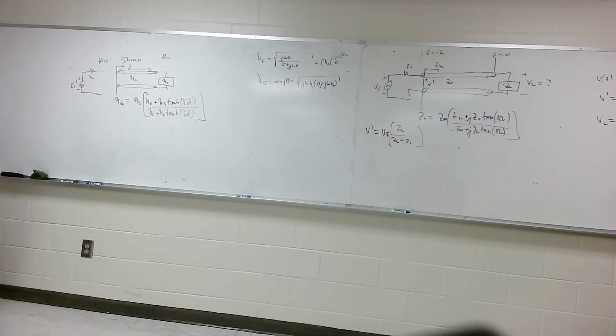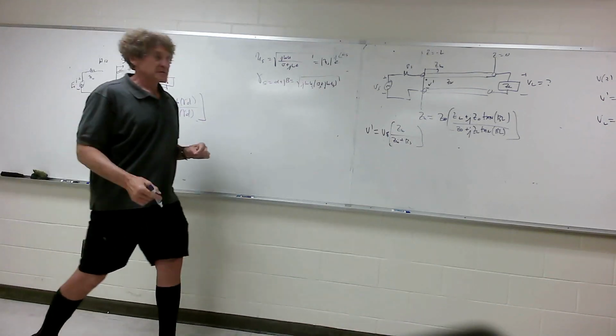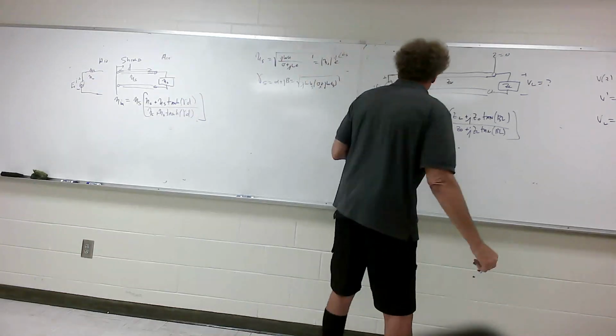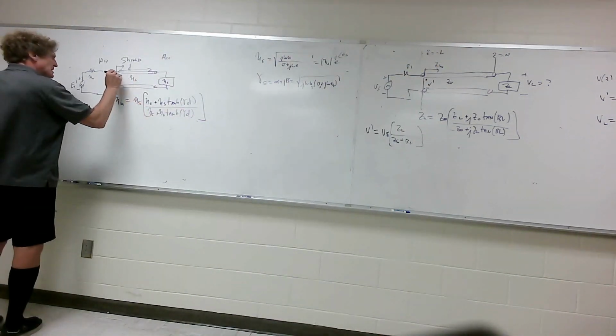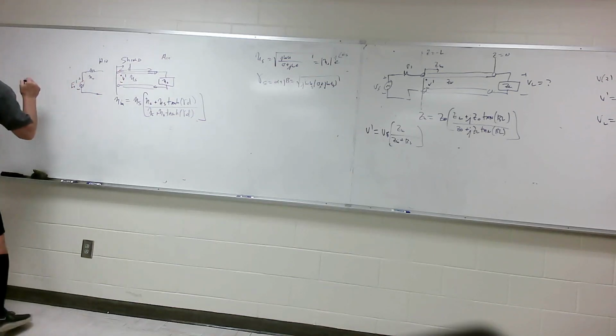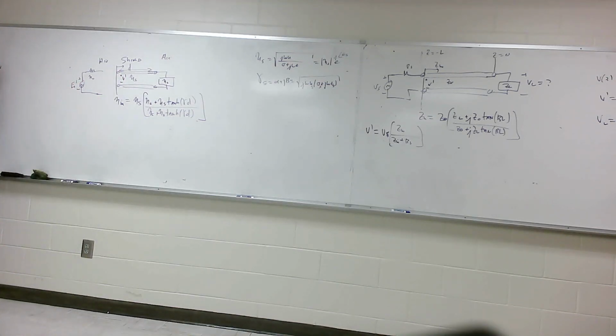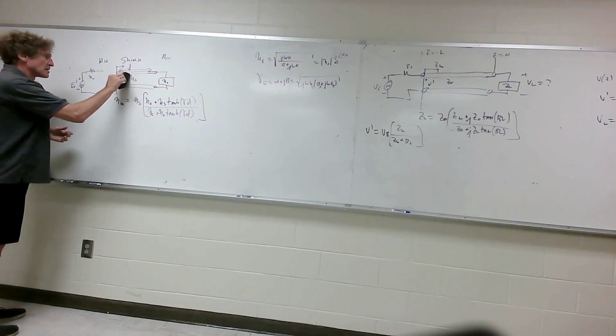Okay, now follow me. I need to calculate this V prime here that would occur over here for this thing. So this V prime right here would be equal to, and I won't even use V prime, I should use E prime right there.